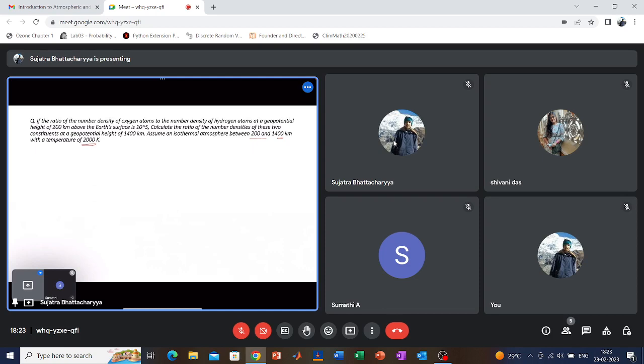For that, first let us write what is given. Suppose number density is denoted by N. So N of oxygen to N of hydrogen at 200 kilometers is given to be 10 to the power 5.